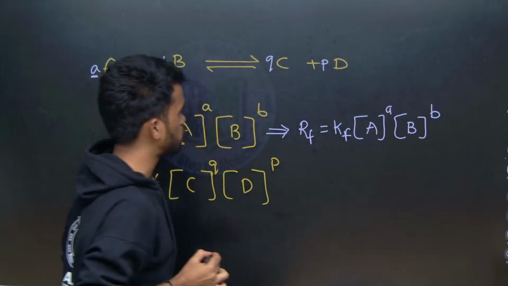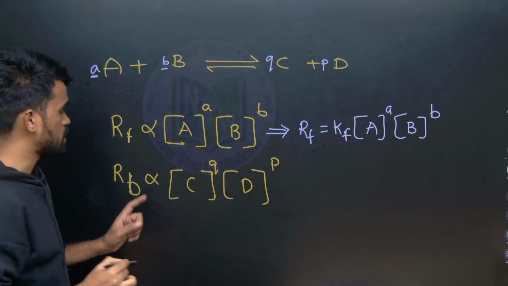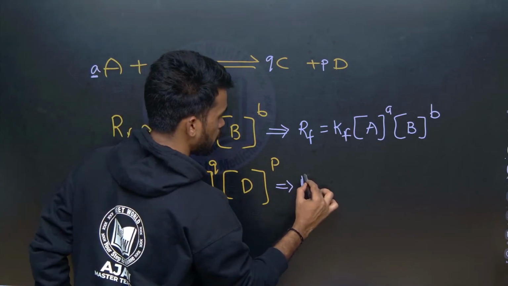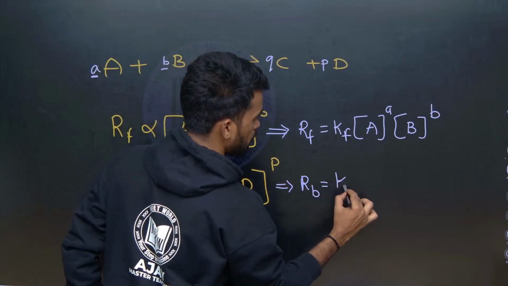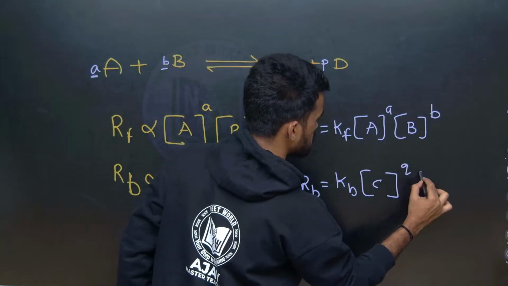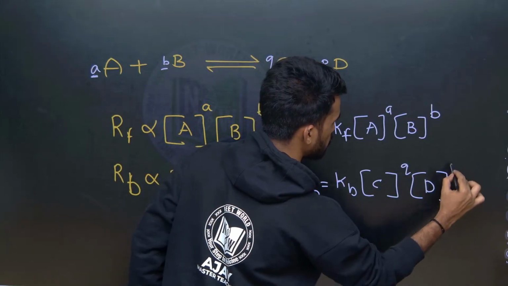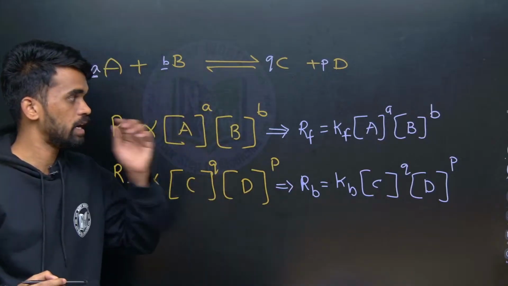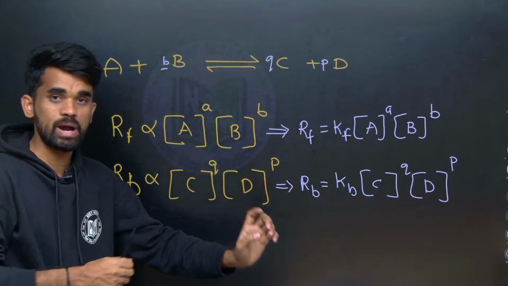So this is how you need to write RF. Similarly, RB equals Kb times the concentration of C to the power q, concentration of D to the power p. So this is how you need to write the rates of forward and backward reactions.